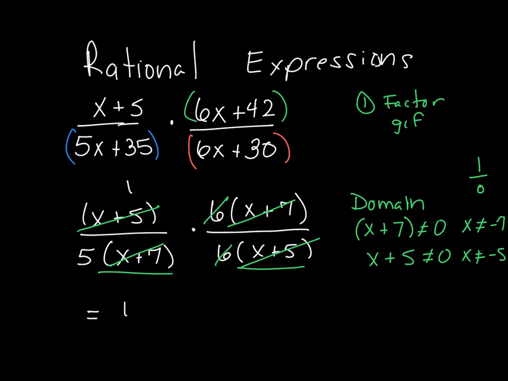So my final answer when I reduce this is that I multiply and it is equal to 1/5 with the knowledge that x cannot equal negative 5 and x cannot equal negative 7.